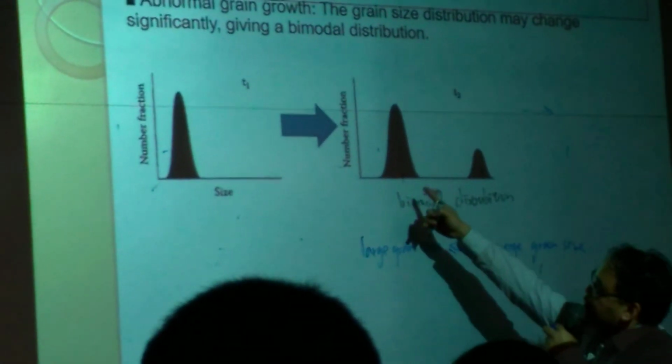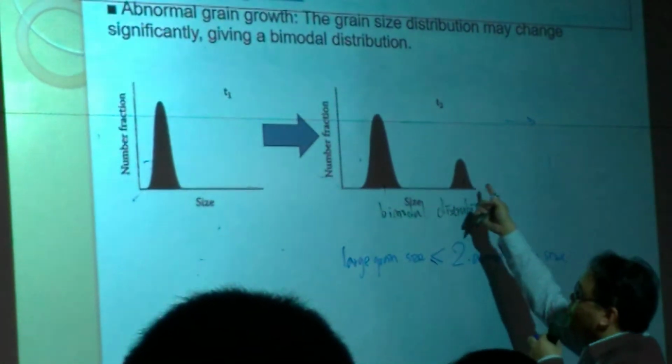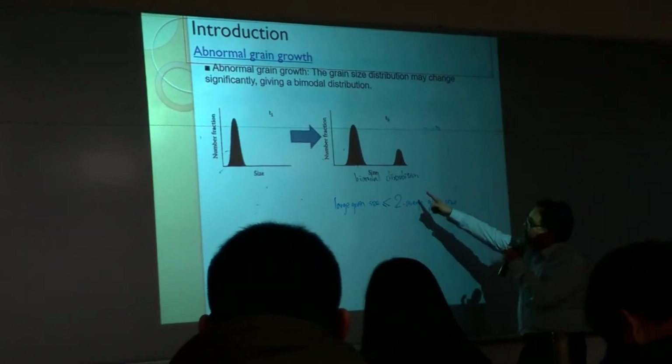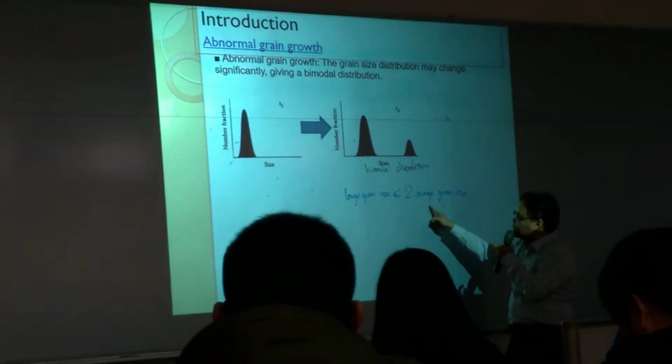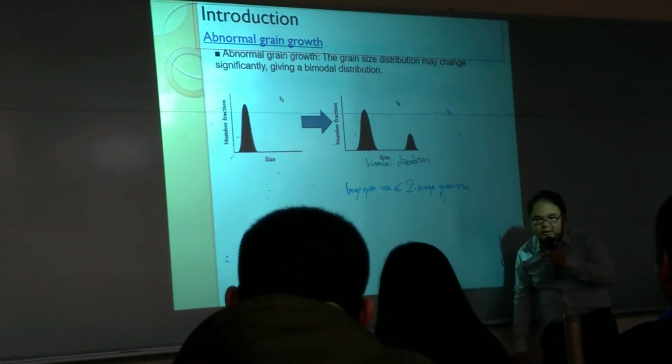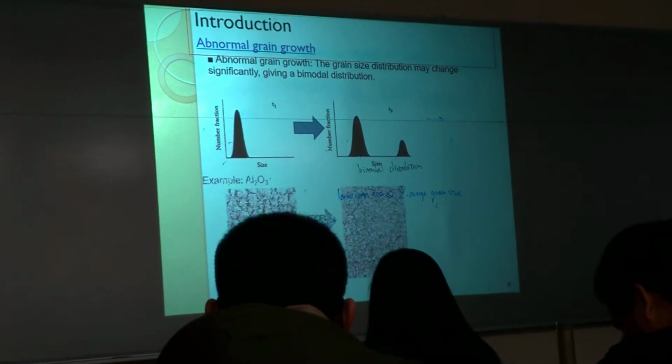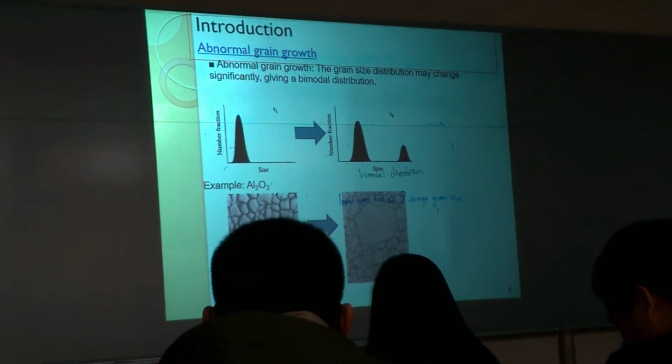One average grain size for the small grains, one average grain size for the larger grains. Then the definition is that a grain size larger than 2 times the average grain size, we call abnormal grain growth.